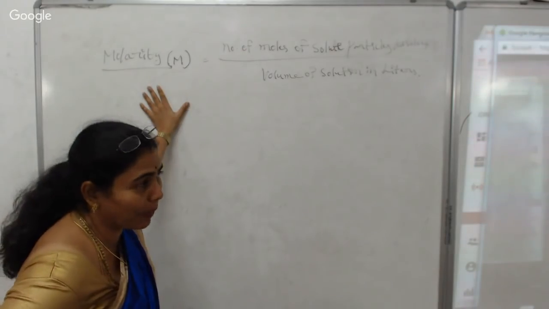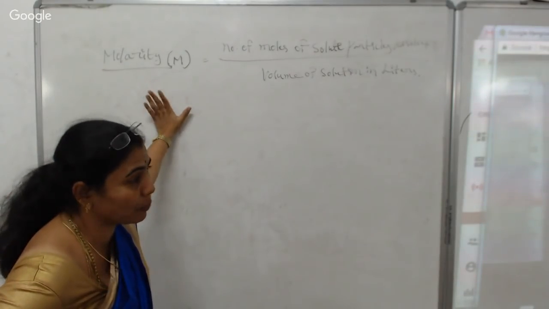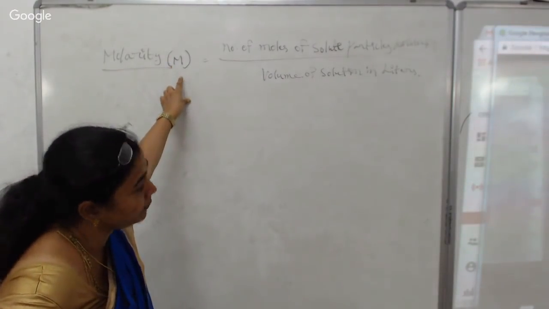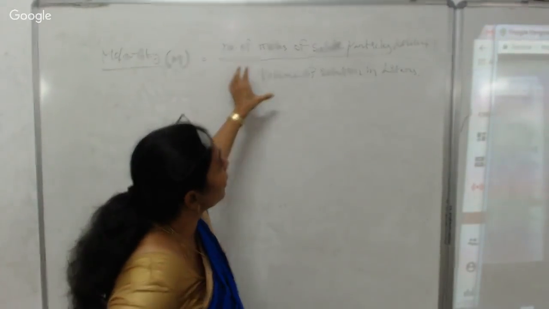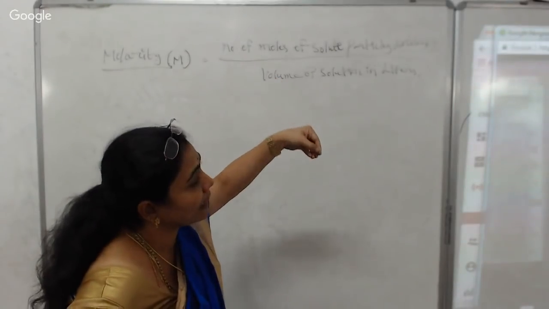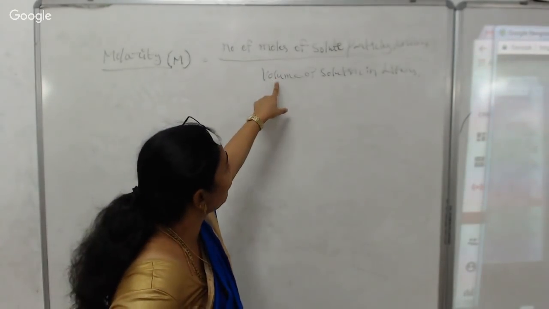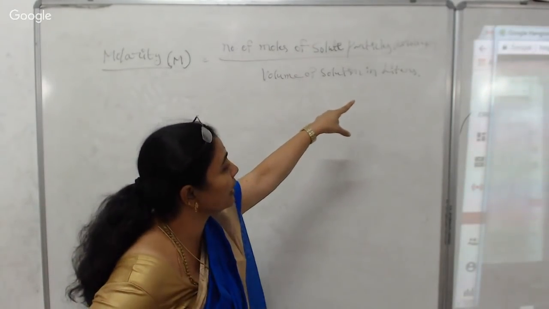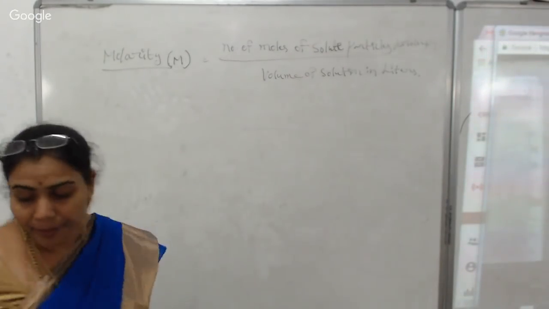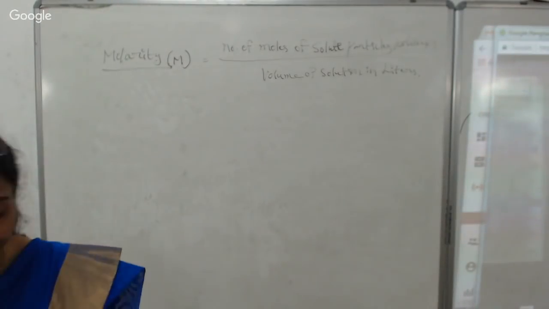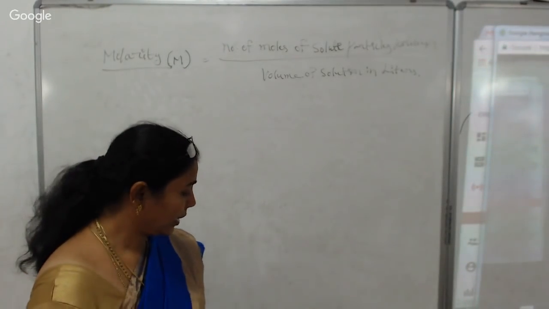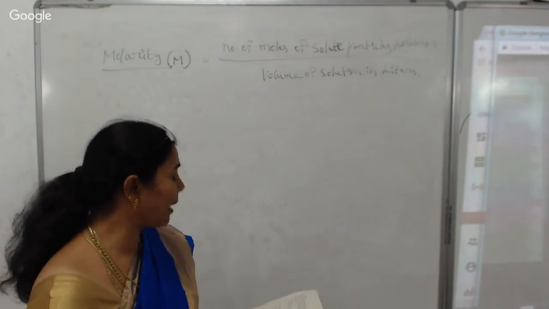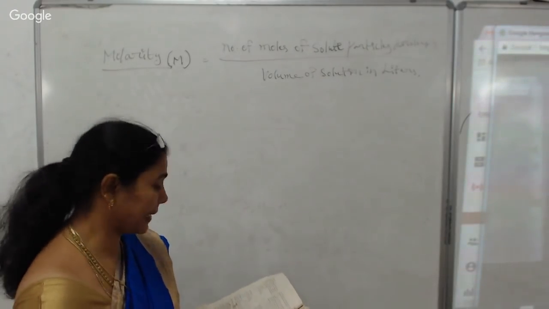They are given in the book, and we will do them today. Molarity is generally represented by capital M, which is the number of moles of solute particles dissolved in a volume, generally measured in liters. I will read this: molarity M is the number of moles of solute particles divided by volume of solution in liters.